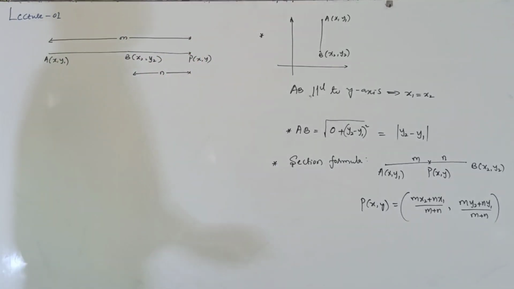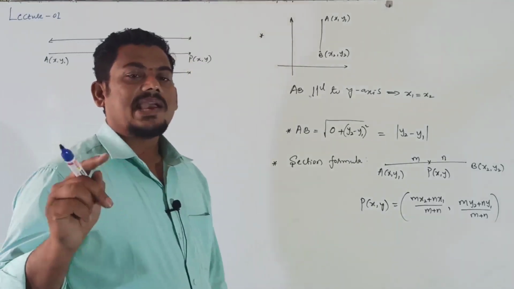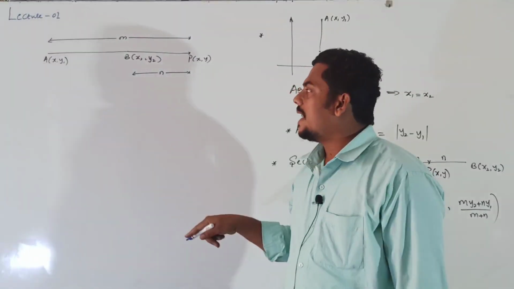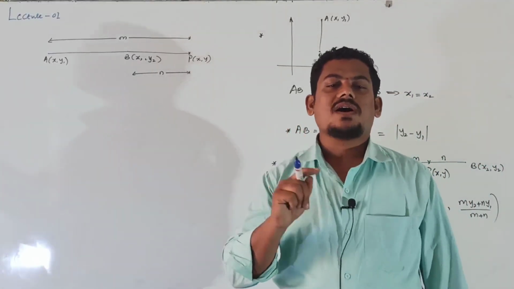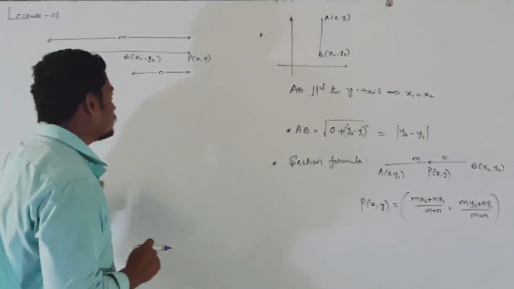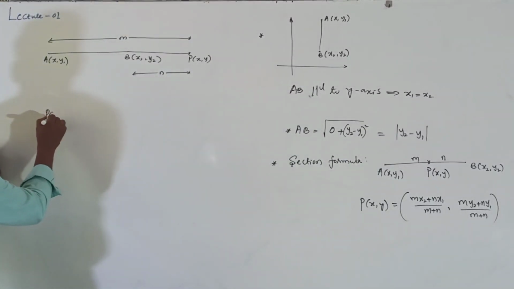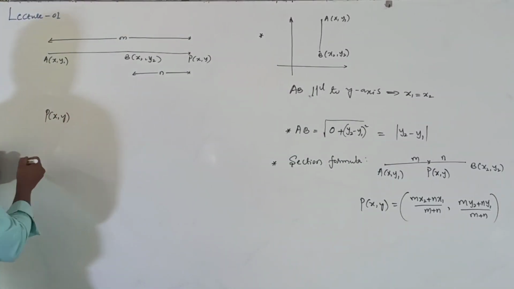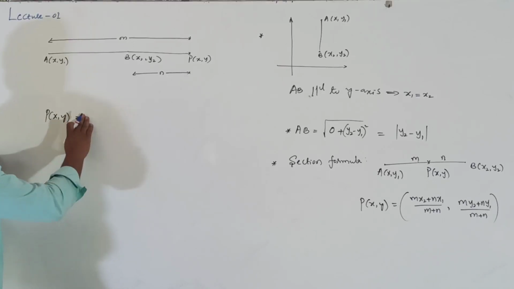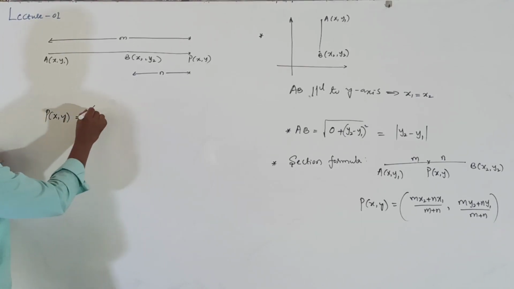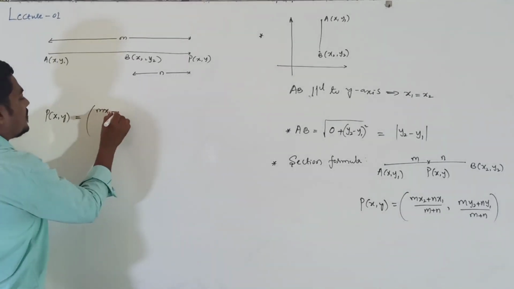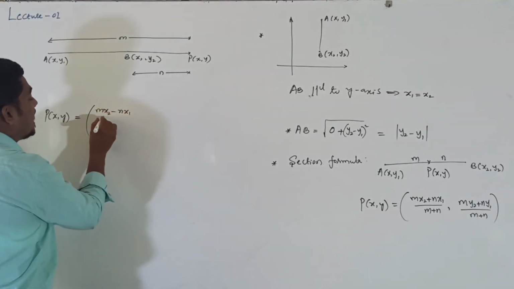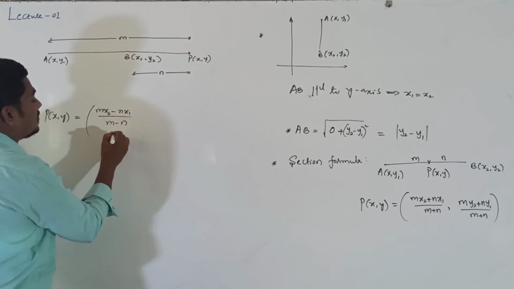Point P divides the line joining A of x1 comma y1 and B of x2 comma y2 externally in the ratio of m is to n. Then what are the coordinates of P? P of x comma y is equal to, for external division, mx2 minus nx1 divided by m minus n.